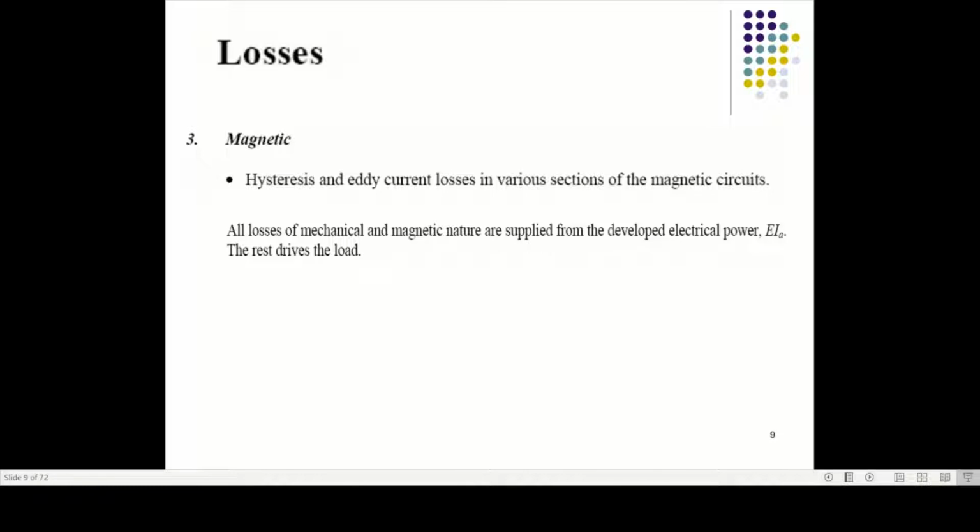Normally, machines are operated at constant speed, so these losses are almost constant. These losses are categorized into two: hysteresis loss and eddy current loss. Please find out by yourself what hysteresis loss and eddy current loss are.